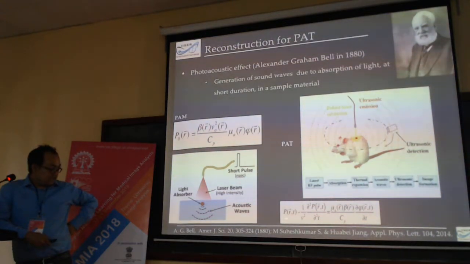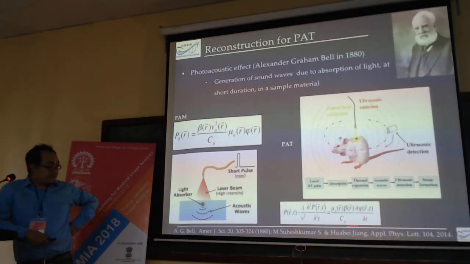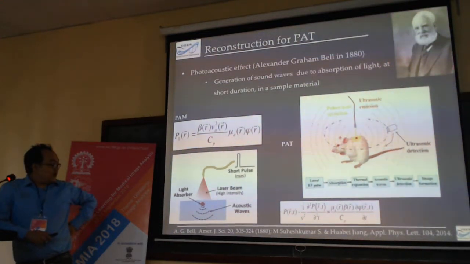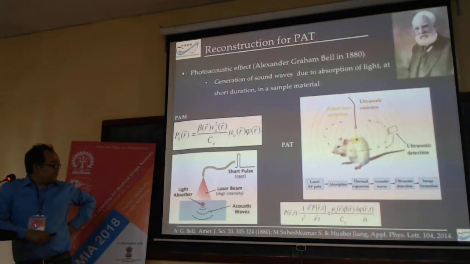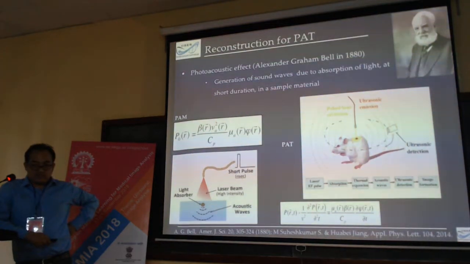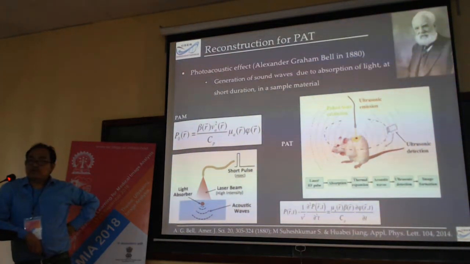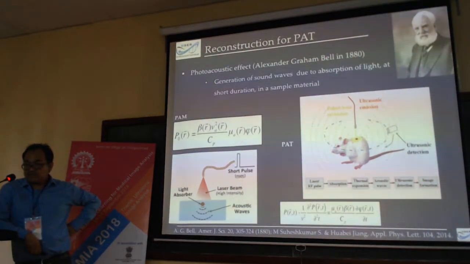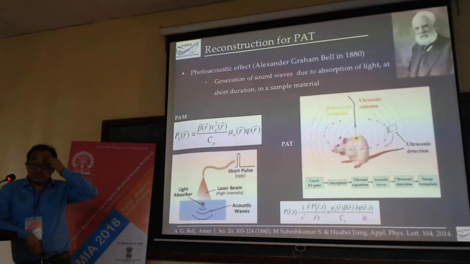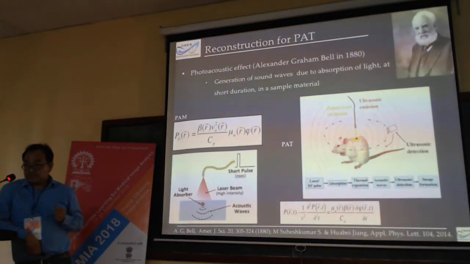That is the secondary pressure, while the primary is what is detected in microscopy. Another difference is that in microscopy we use a focusing transducer. In tomography people use an unfocused, narrow transducer so that we can achieve better spatial resolution.